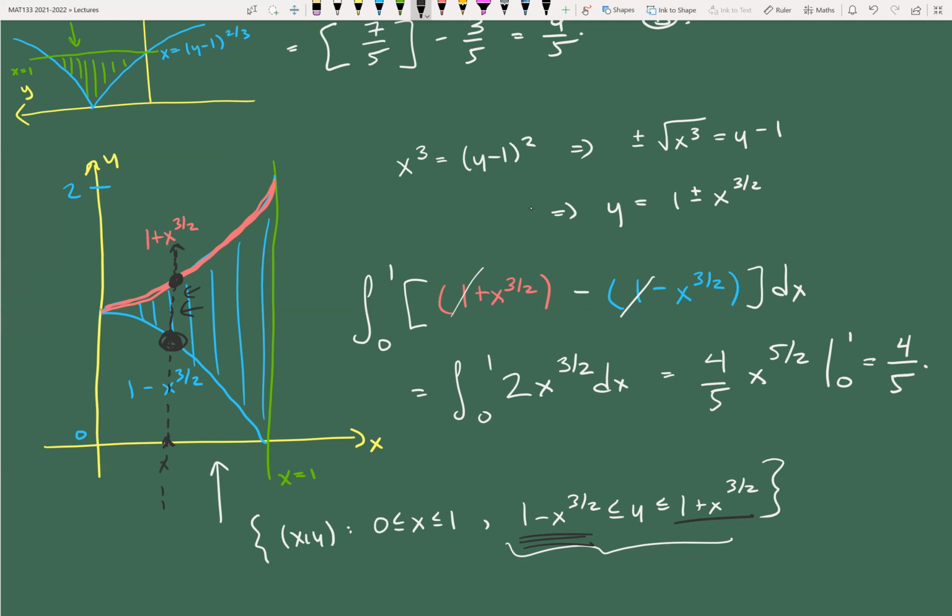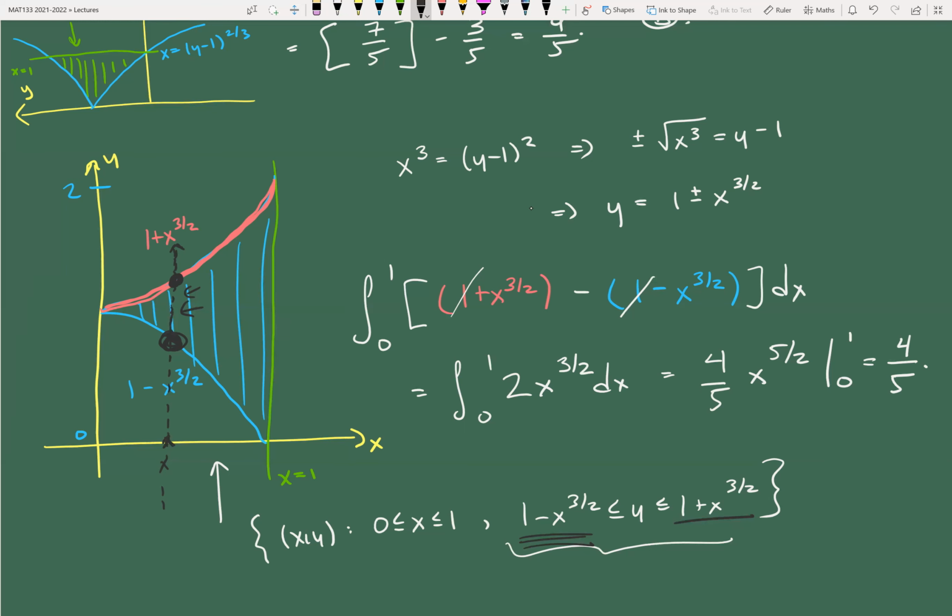X has to be between 0 and 1. Okay, that's fine. We've guaranteed that. And then if you give me a specific x, there are restrictions on what the y value can be. And the y value has to be between the blue thing and the red thing, the solid blue bottom curve and the solid red upper curve. And that's sort of you specifying what this space looks like.